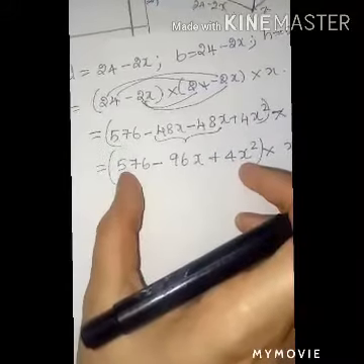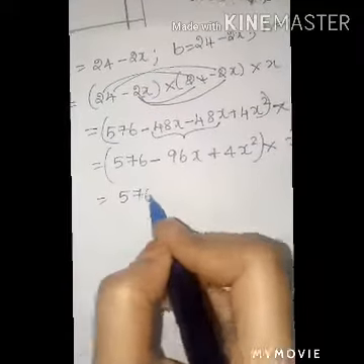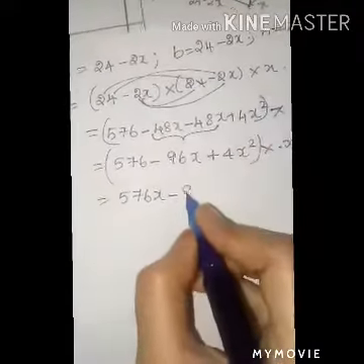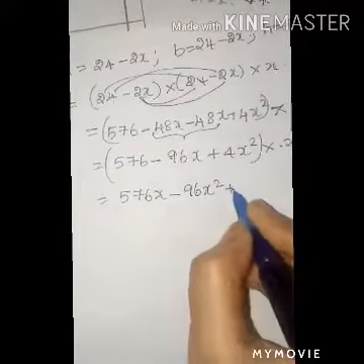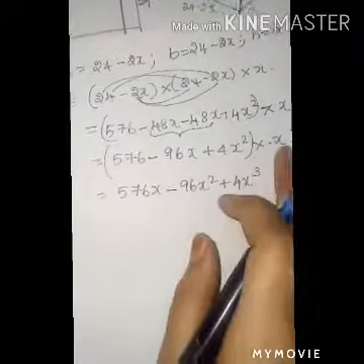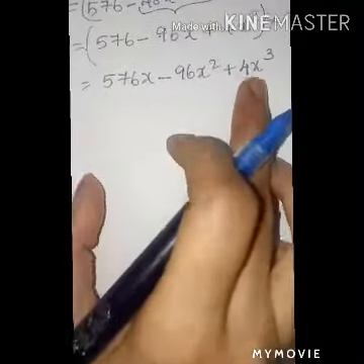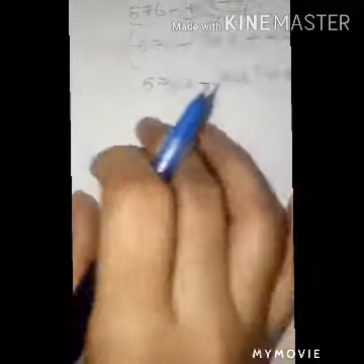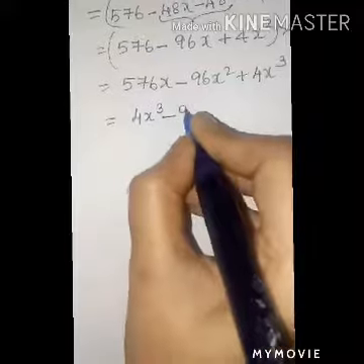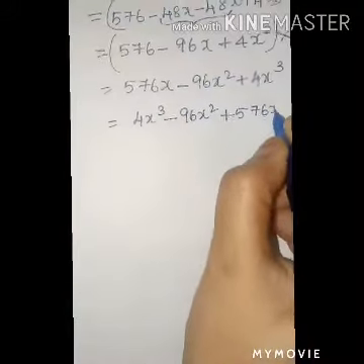This term fully will multiply with x. 576 into x is 576x, minus 96x into x, 96x square, plus 4x square into x, 4x cube. Now, before simplifying, arrange the equation in a proper order: 4x cube minus 96x square plus 576x.